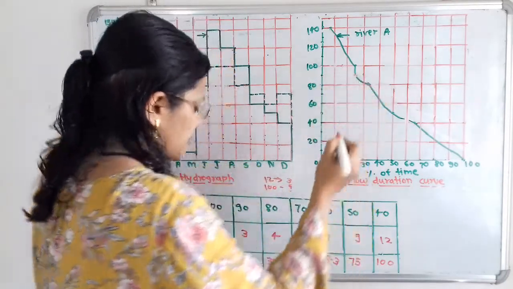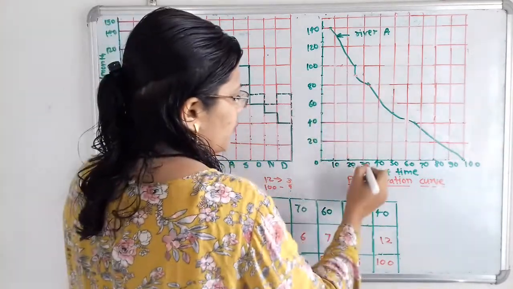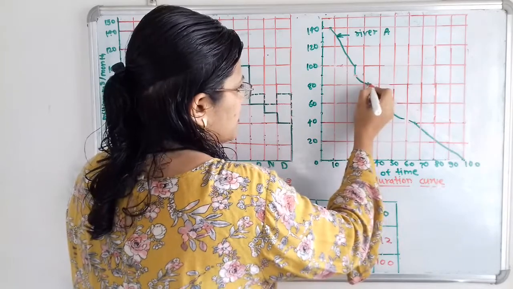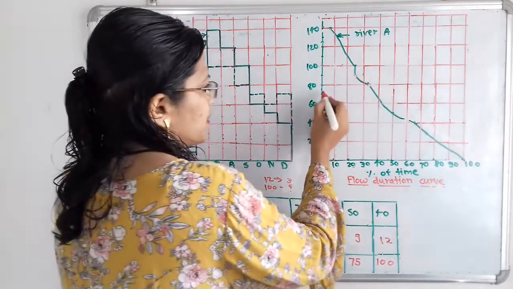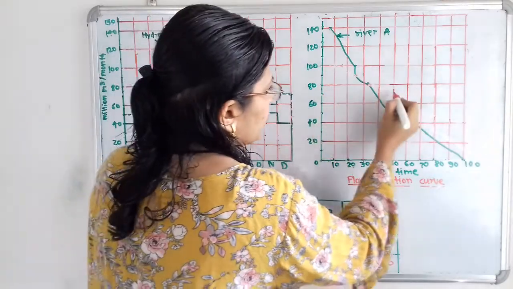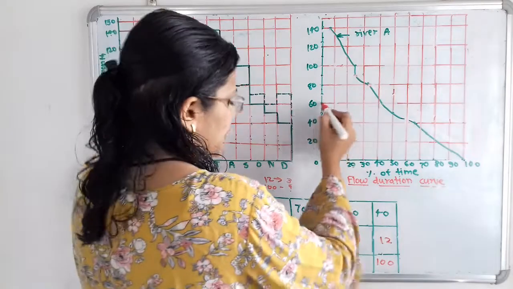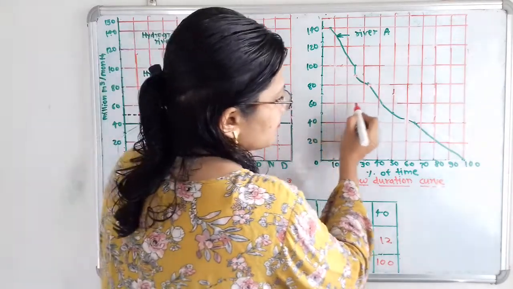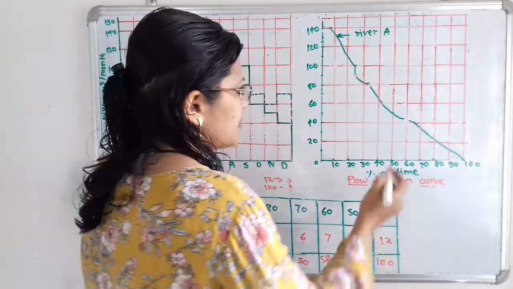So we have to select the middle point. Then 80 it is 33.3. So for 80 again it is 33.3. Then for 70 it is 50. So here is 70. We have to plot here as a 50%. Then 60 it is 58.3. Then 50 it is 75.